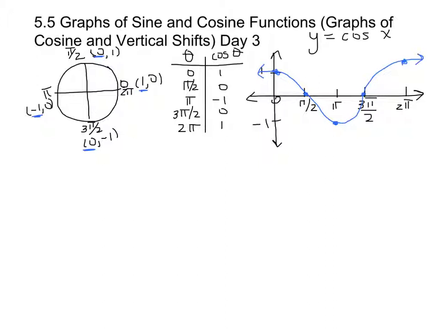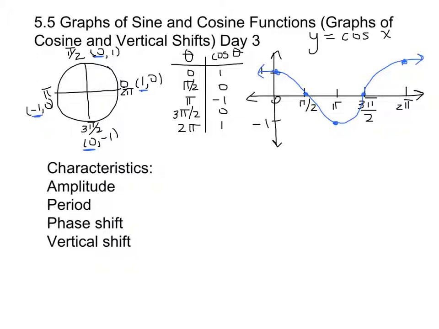Now your characteristics are still the same. So for each graph, you still have to do, let me type it. So for your characteristics, they're the same as sine.